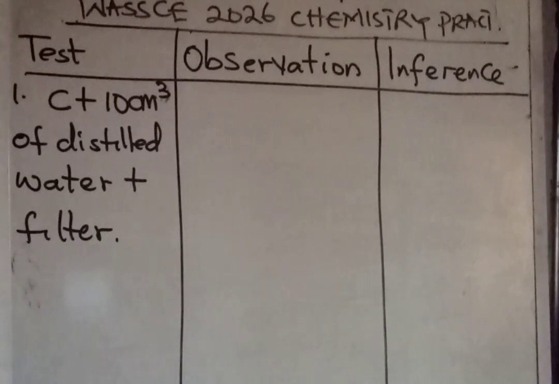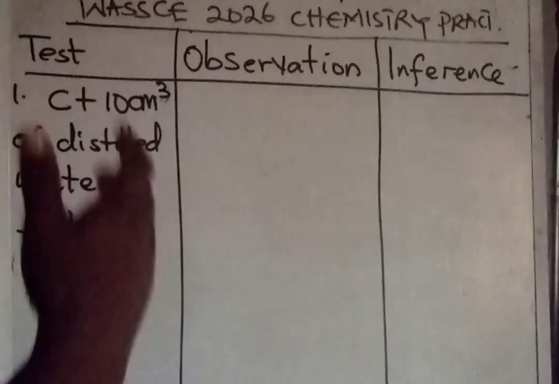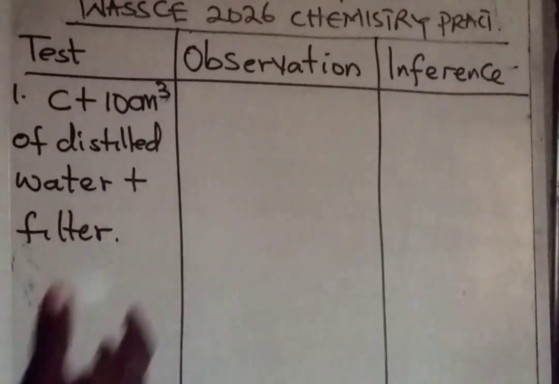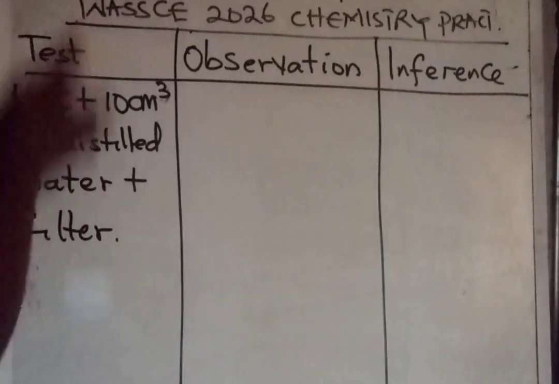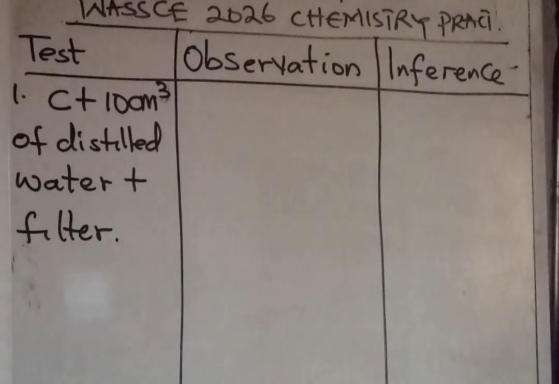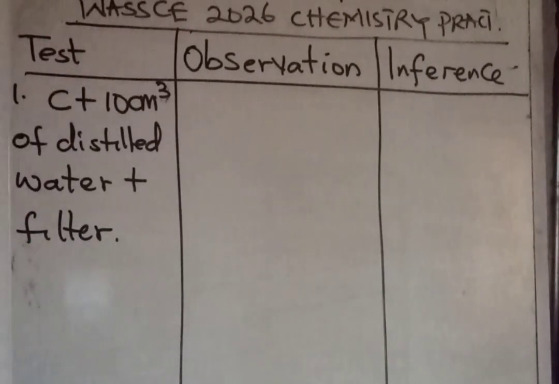You may have done this with your teacher, or as a chemistry teacher, you may have seen it in your textbook, or you may have read about it. Now we have the test column, the observation, and then inference. Now you'll be asked to add C to 10 cm³ of distilled water and then filter.